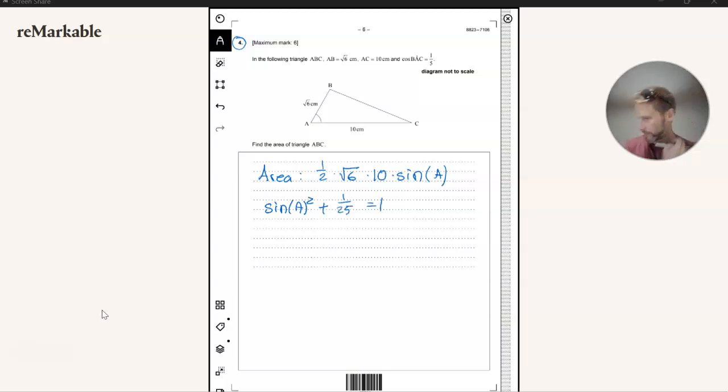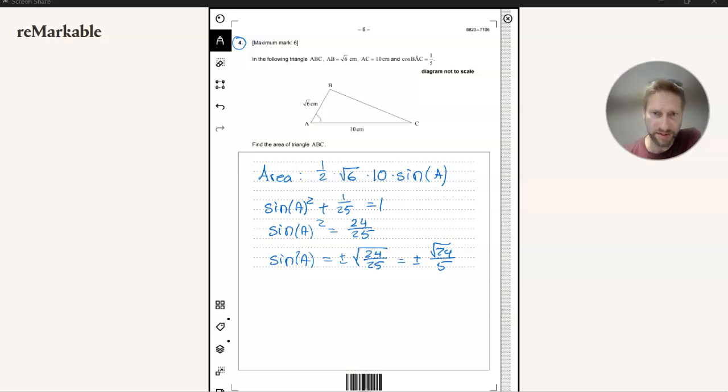If we subtract that on both sides, we get that sine of A squared is 1 minus 1 over 25, which is 24 over 25. Then we take a square root and get that sine of A is either plus or minus the square root of 24 over 5.